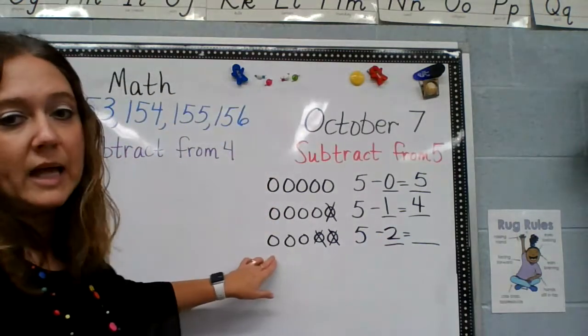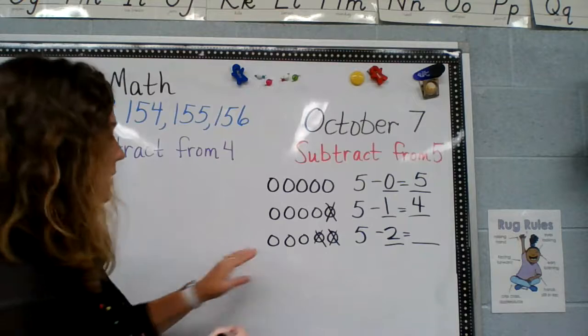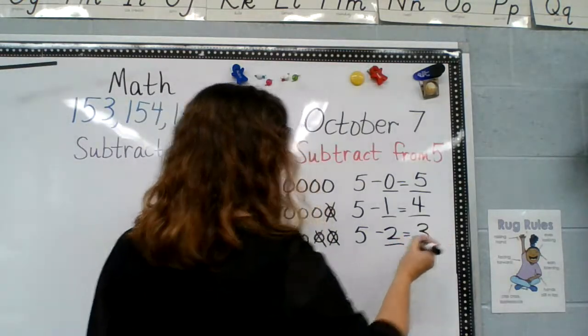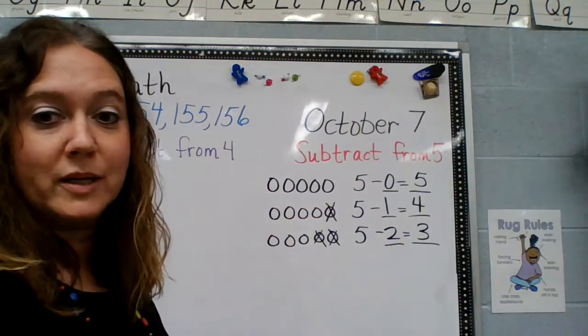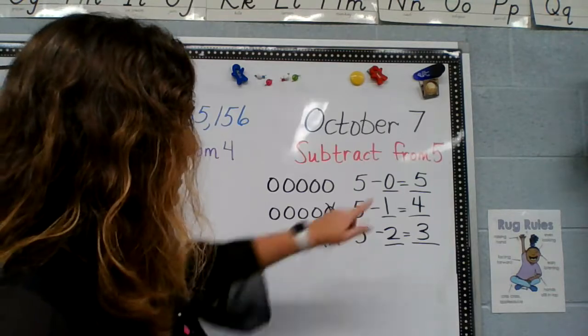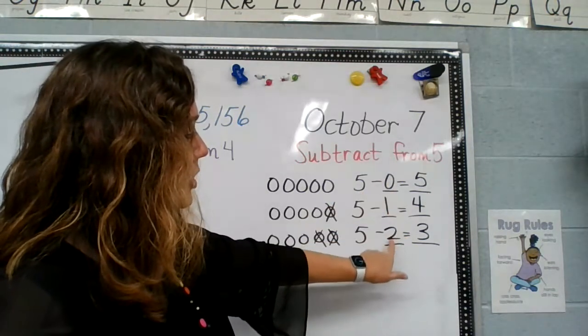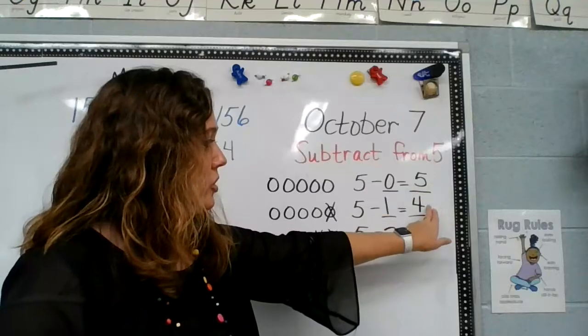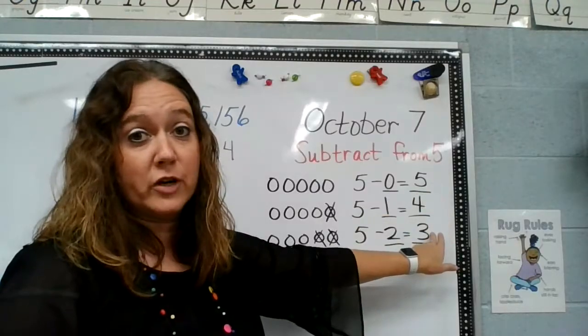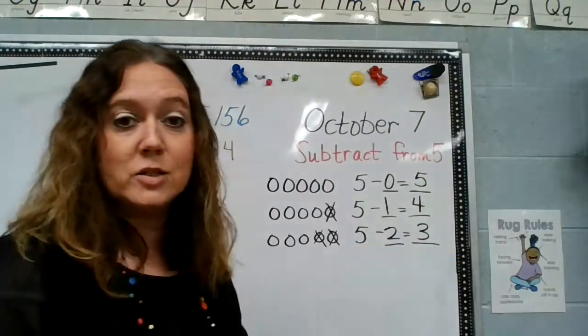How many do we have left? 3. 5 minus 2 equals 3. Again, this number is getting bigger, and the answer, which is called the difference, is getting smaller.